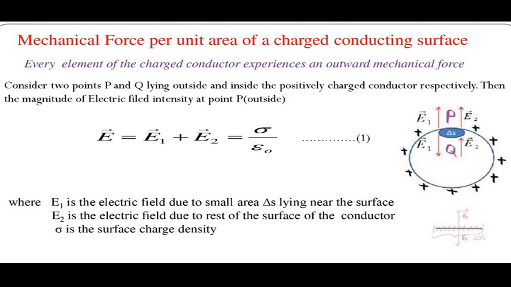Let us see how. For that, consider a positively charged sphere as shown in the image. Now, we cut a small surface element delta S near the surface. This surface element is very small, such that it is almost linear, as you can see in image 2 shown below.